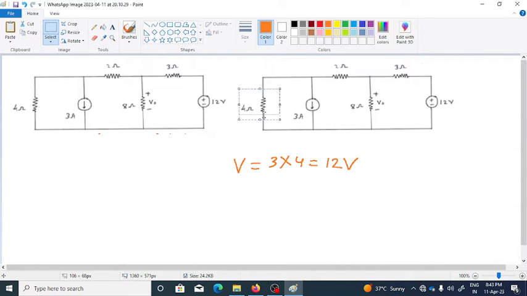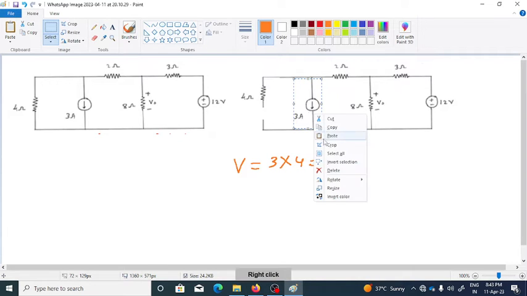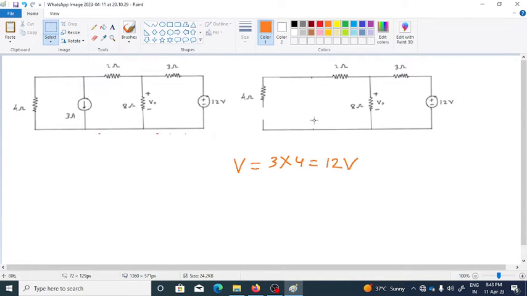So this 4 ohm resistance will go in series, and we will replace this 3 ohm current source by this equivalent voltage source here.